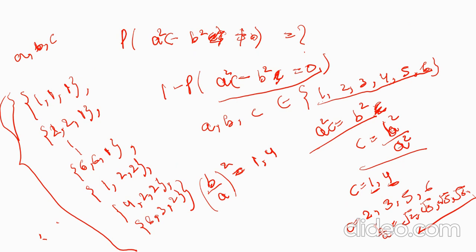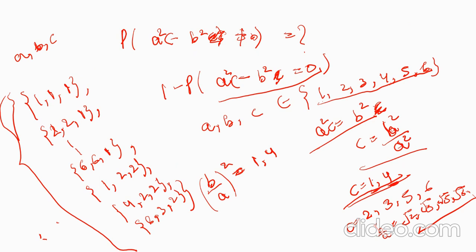Why? Because B and A are coming from this set, so B by A will be in rational form, right? Is it clear up to this? Okay. So the values of C we have are 1 comma 4.